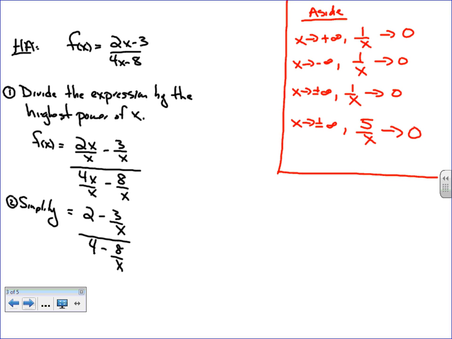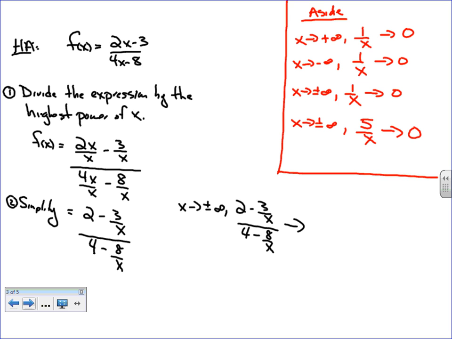horizontal asymptote. So now I'm going to say as x approaches positive and negative infinity, what is this approaching? What is 2 minus 3 over x over 4 minus 8 over x approaching?